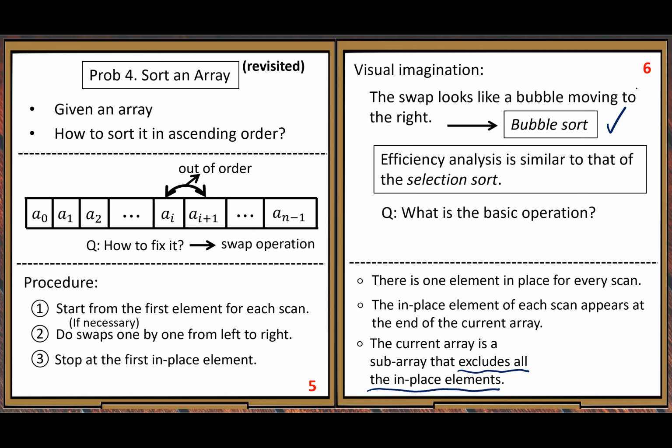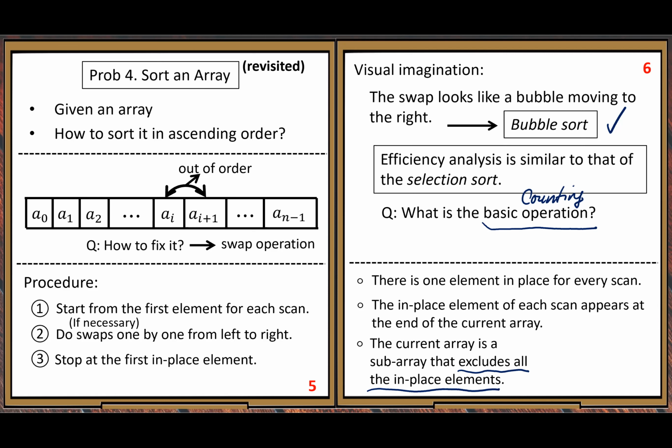Then the question: what is the basic operation? We learned this concept. When we do the counting, we count the basic operation, right? Here, there are two operations we can consider. One, comparison. In order to check if two adjacent elements form an inversion or not, you need to do a comparison.